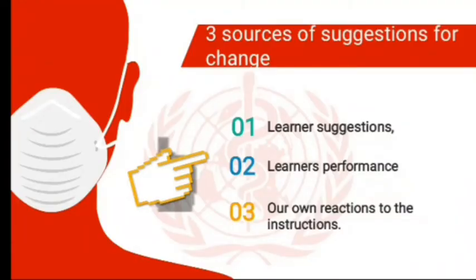It's time for three sources of suggestions for change. The first is learners' suggestions, the second is learners' performance, and the third is your own reactions to the instruction. These three sources help avoid the kinds of misinterpretations that students make.